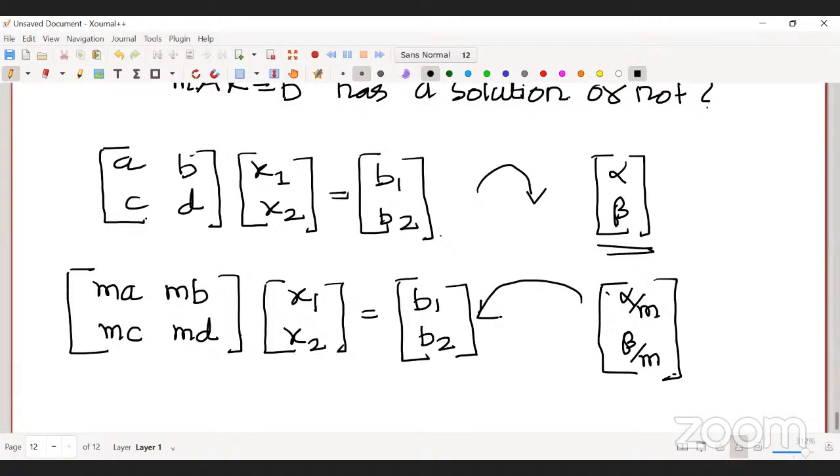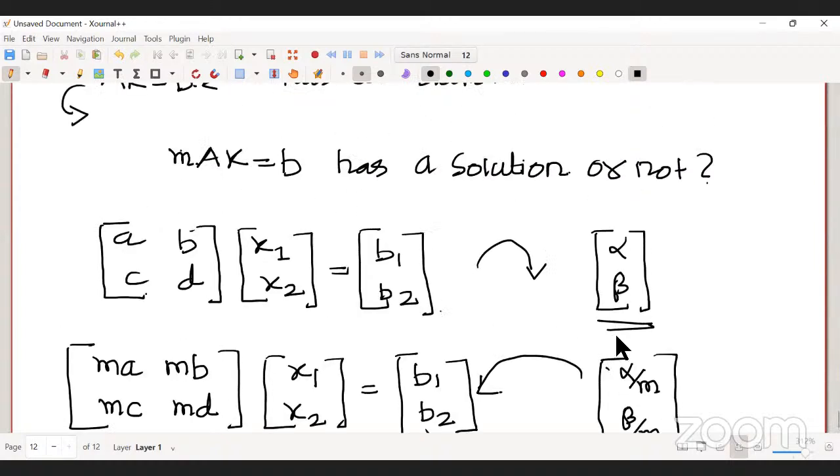First tell me what it means that this is a solution of this system. If we put alpha and beta in place of x1 and x2, then LHS is equal to RHS. Okay, so then you will get an equality, right?